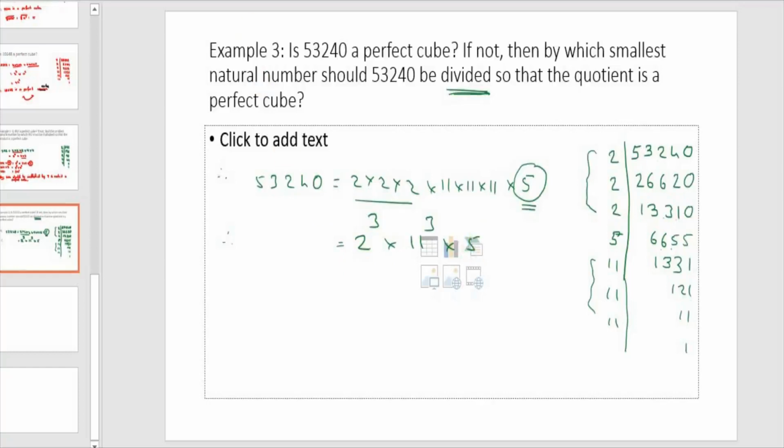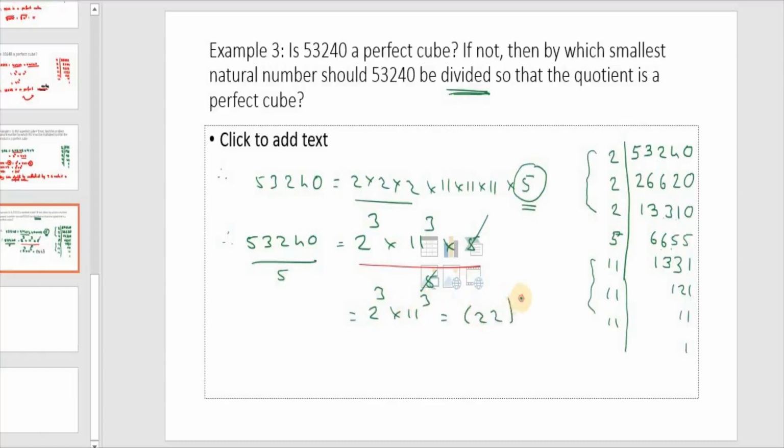So to remove this 5, I can divide by 5, right? If I divide by 5, this 5 is cancelled. So what I'm going to do up here, same thing I'm going to do up here. 53,240 also I'm going to divide by 5. So now I'll get 2 cube into 11 cube.